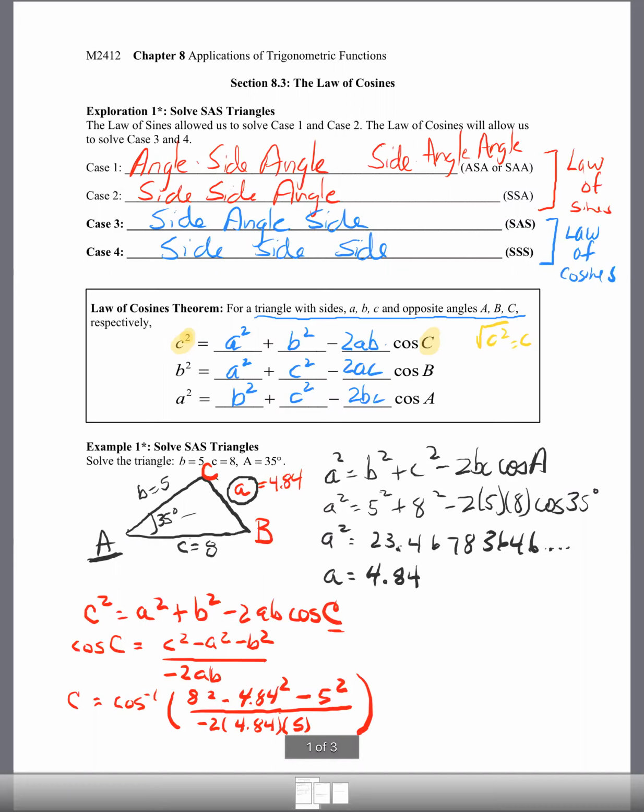Now if you calculate this, let's see what you get. So we want the inverse cosine first. This is one of those times where if you have the fraction template on your calculator, it'll be very helpful for you. So 8 squared minus 4.84 squared minus 5 squared, and then the denominator, we have -2 times 4.84 times 5.